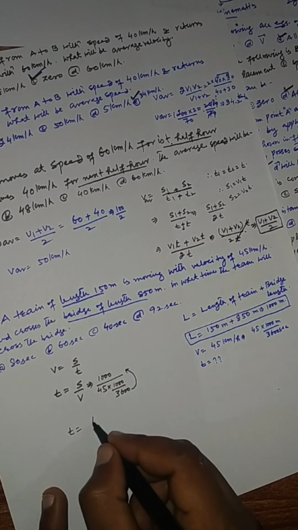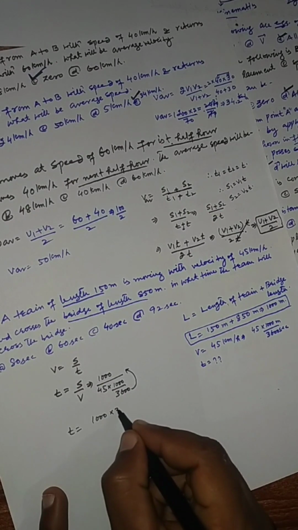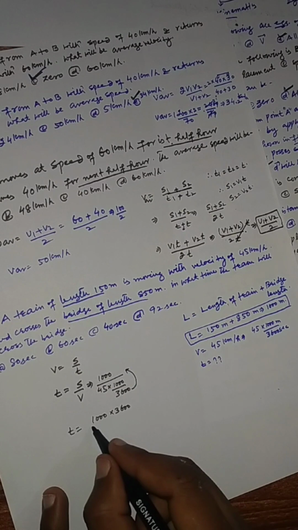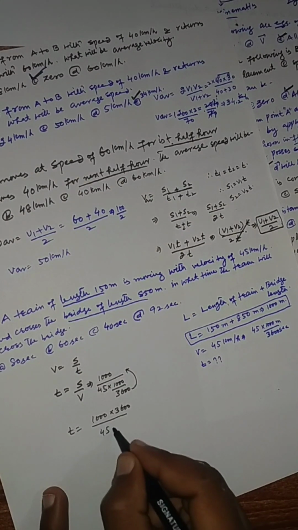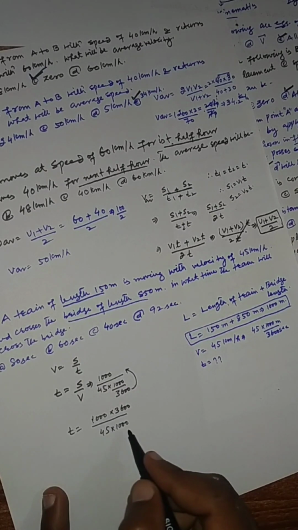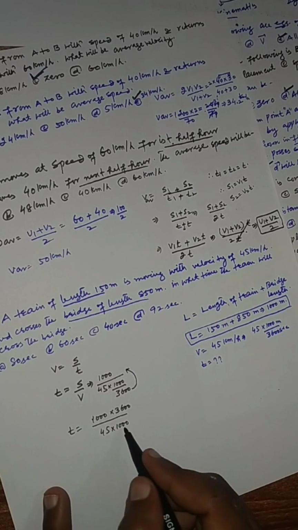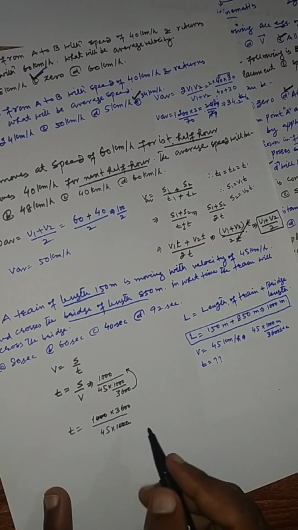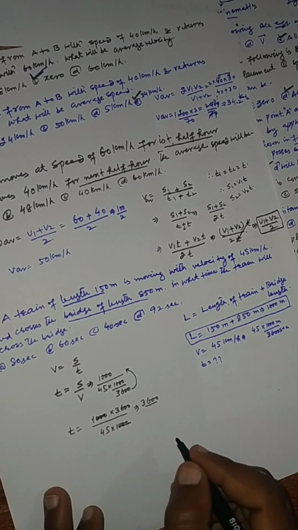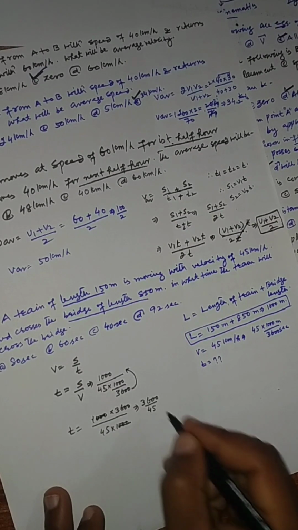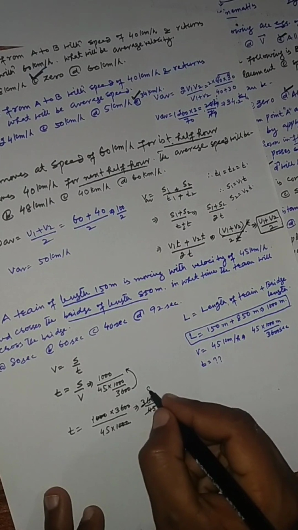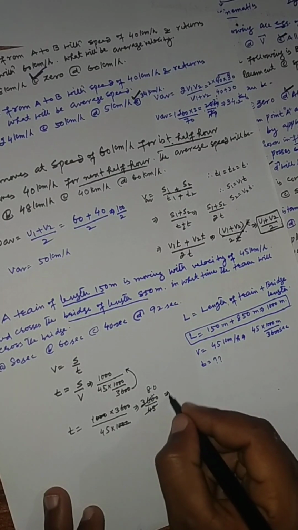So for time, 1000 into 3600 over 45 into 1000. The 1000 can be cancelled, or we may say 3 zeros. We get 3600 over 45, and by solving this we get 80 seconds.